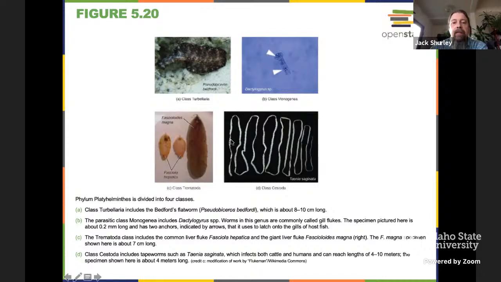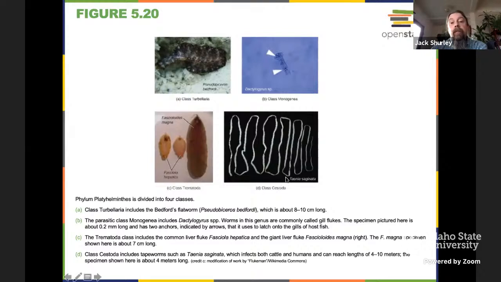And each one of the segments, although we're not seeing it, there's thousands of segments on this worm. Each one of them harbors the reproductive structures. An individual proglottid gets full of eggs, which either ruptures, releasing eggs out, or the proglottid itself starts to break off, and those are defecated out. And in turn, contamination sets the stage for something to consume it, and the cycle continues.